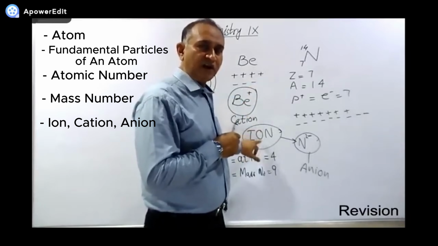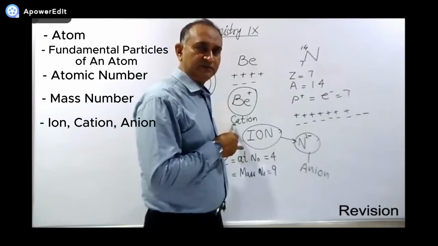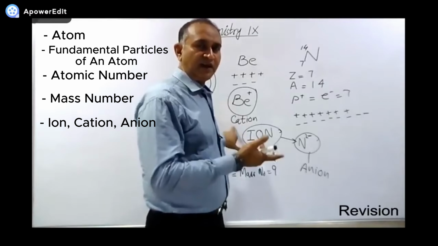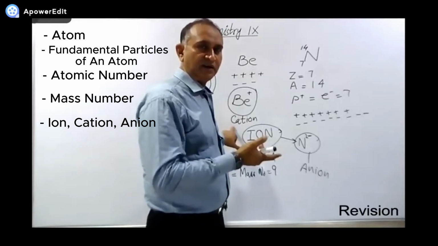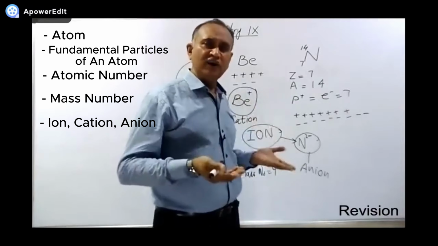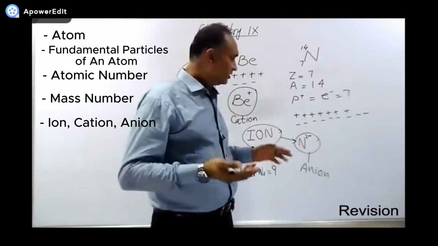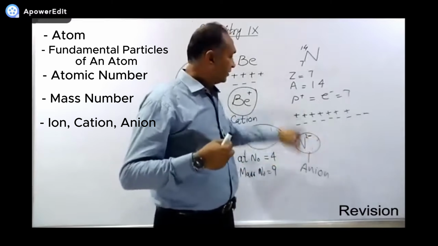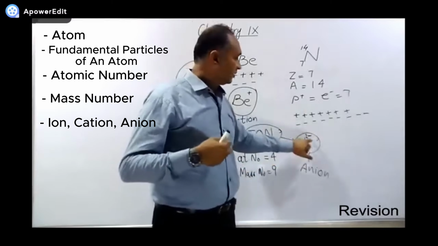A positively charged ion is called a cation. On the other hand, if an atom gains an electron, it will acquire a negative charge. A charge is there, it means it has become an ion. Negative means it will be called an anion.